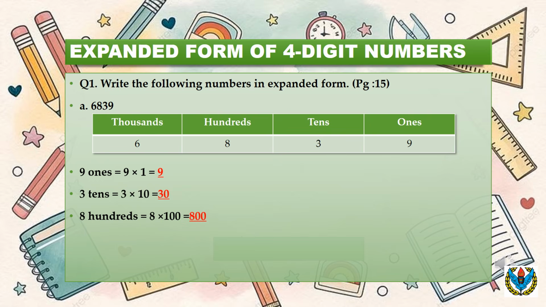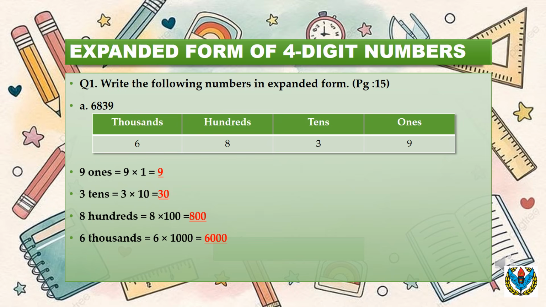So as it shows the place value of 100, we will multiply 8 with 100. Yes, you are right. So what is the answer of 8 multiplied by 100? Yes, it is 800. Lastly, there is 6,000s. So we will multiply 6 with 1000. So what is the answer of 6 multiplied by 1000?